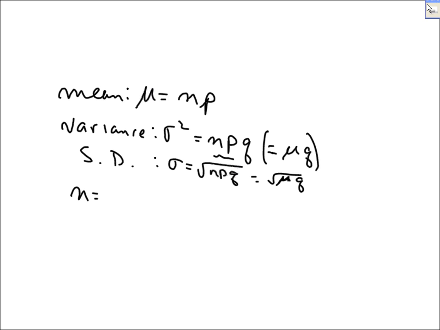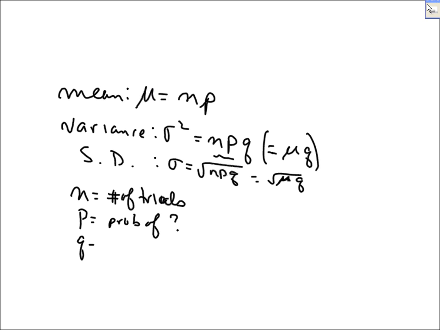Where n equals the number of trials. p is the probability of success.